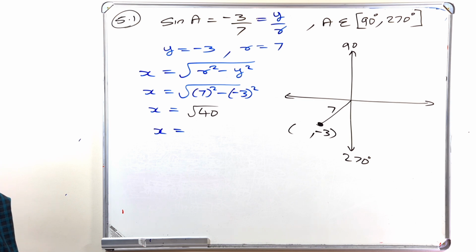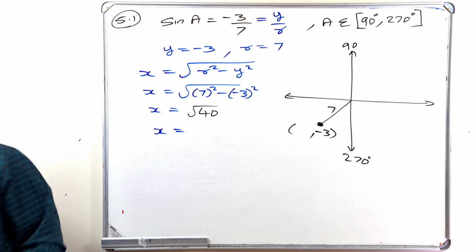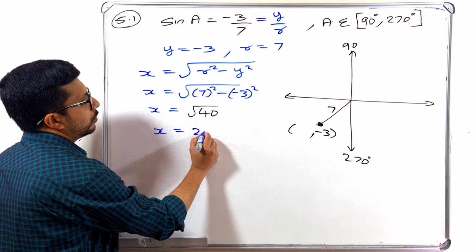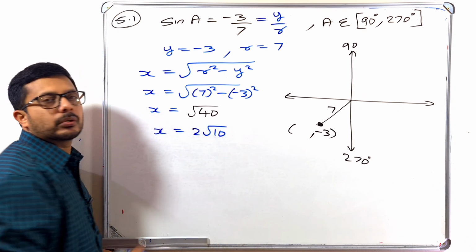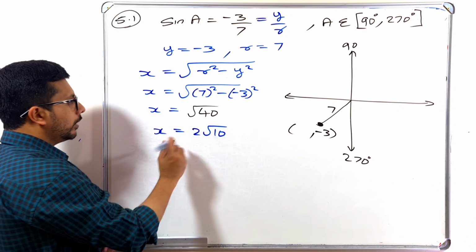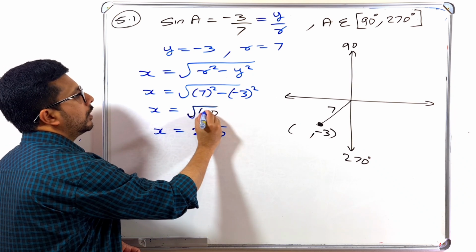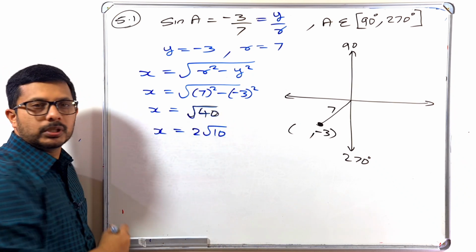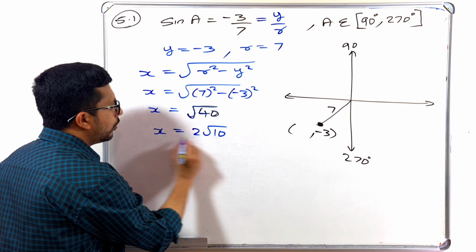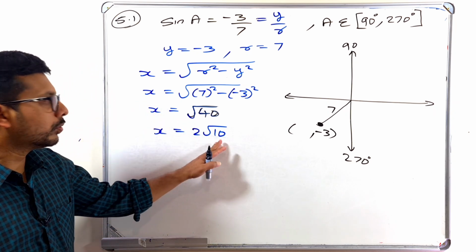Let me check in my calculator. 2 root 10. That is root 40. You can check in your calculator. So root 40 is the same as 2 root 10. So here we got the value of x as 2 root 10.